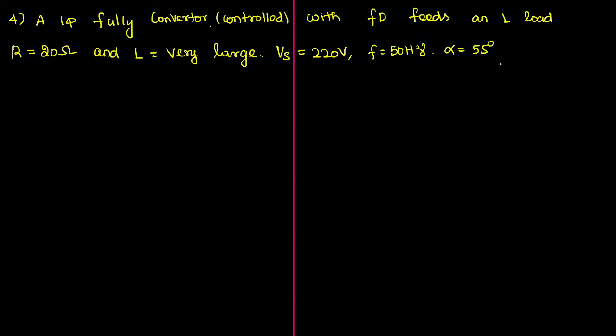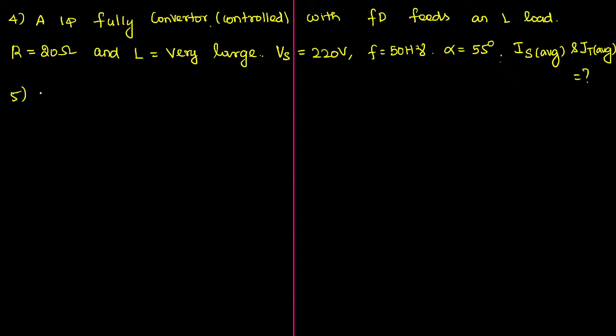Now, what is the average value of thyristor current and the source current? There are two questions. One is average value of the source current and average value of the thyristor current. These two you are requested to explore. Next.